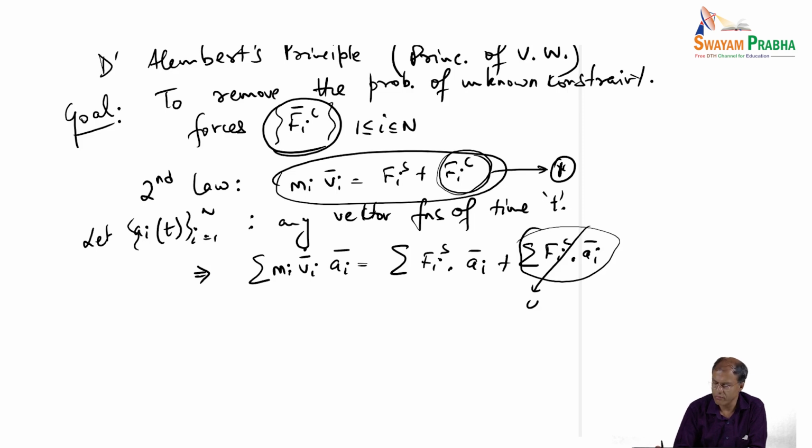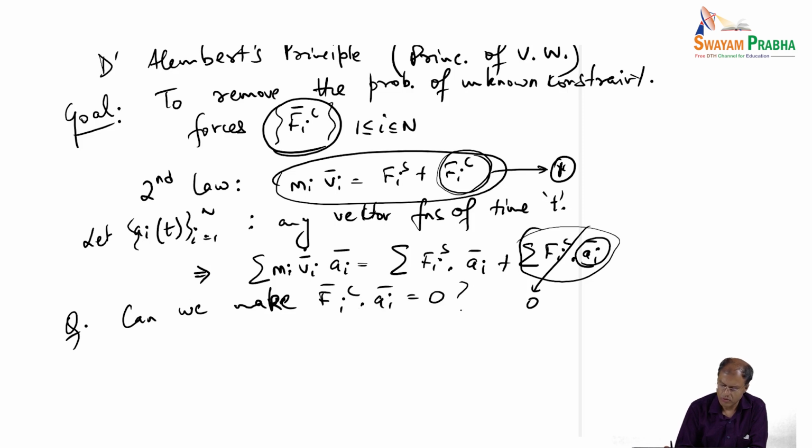So we want to find such values of ai's, right? So the question we are trying to answer is, can we make Fi of C dot ai to be 0, right? And that is the point where I am going to end our discussion in this module.